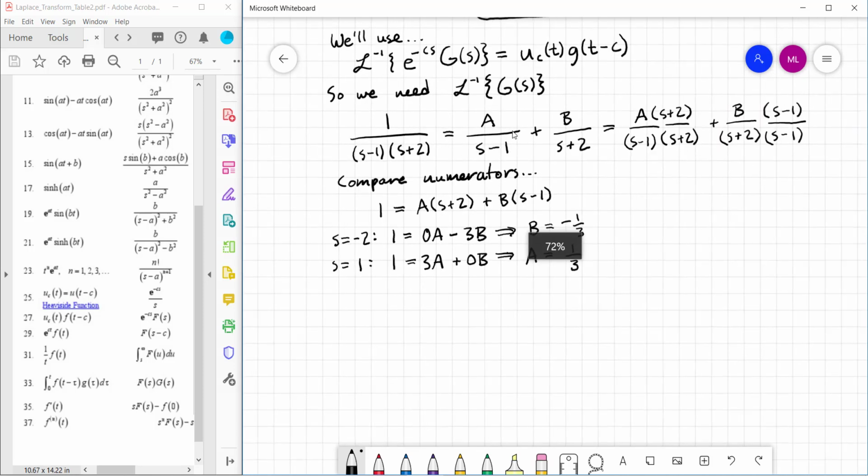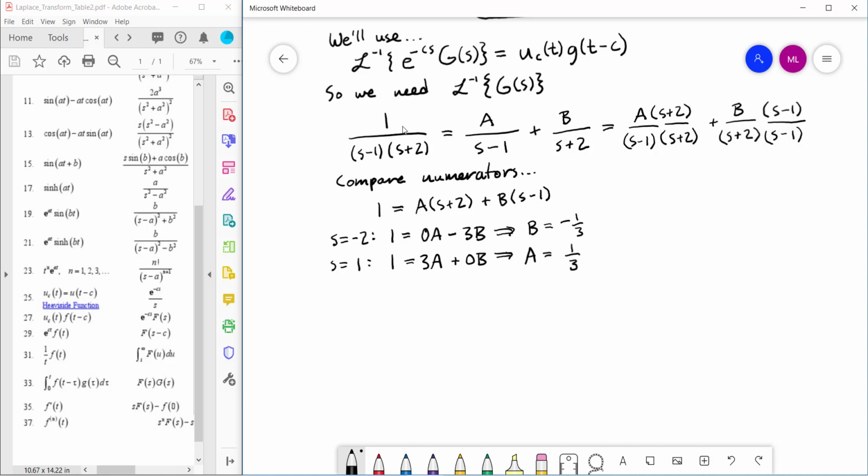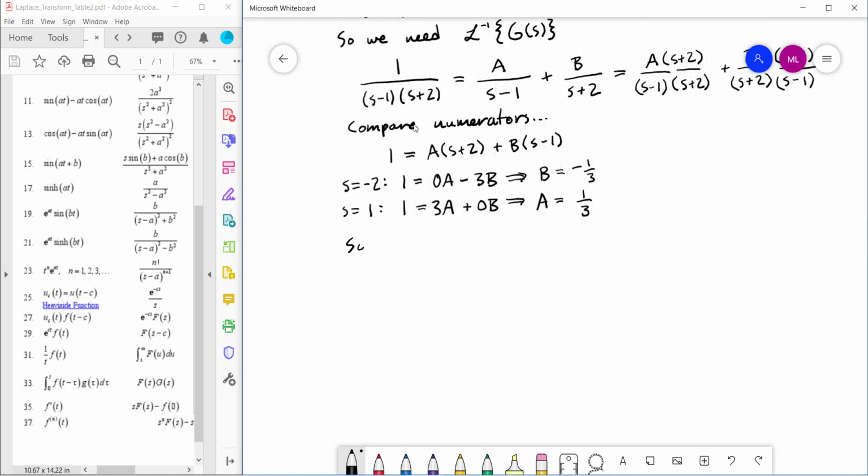And so this can be rewritten. We have that our G of s is really equal to, we can think of it as 1/3 times 1 over s minus 1 minus 1/3 times 1 over s plus 2.